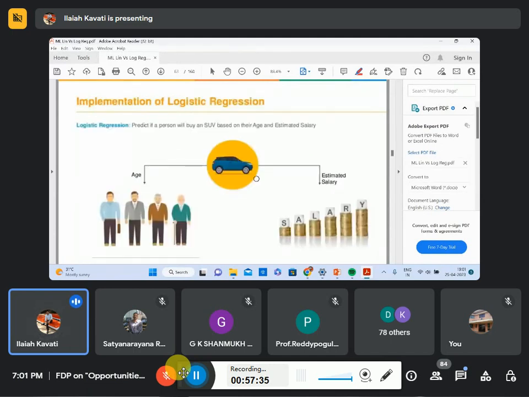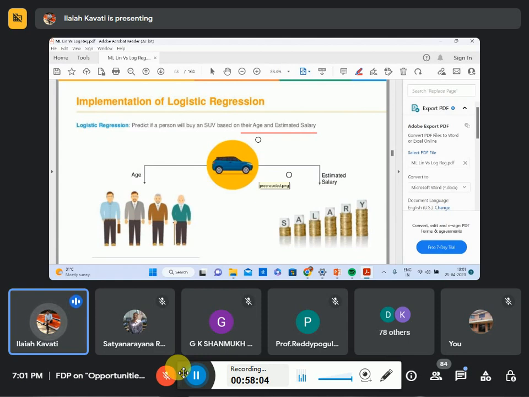So this is another case study I have, and I'll share this one also. Predict if a person will buy an SUV car based on their age and salary. I have some data, 400 employees' data: their age, their salary, and whether they have purchased the car or not.